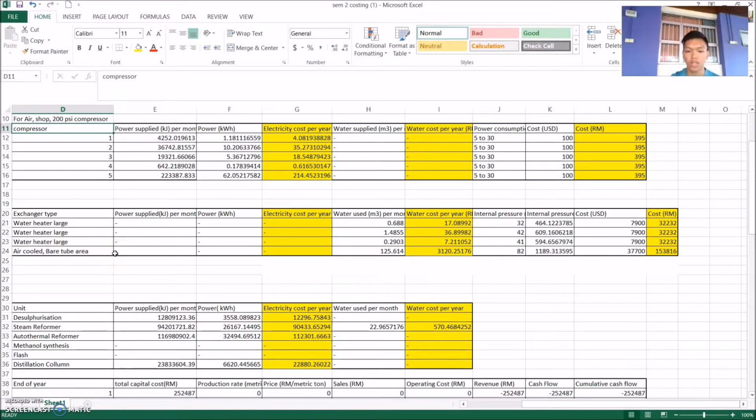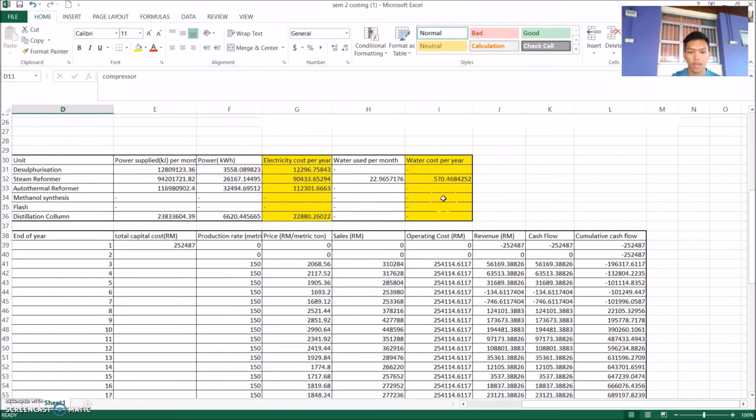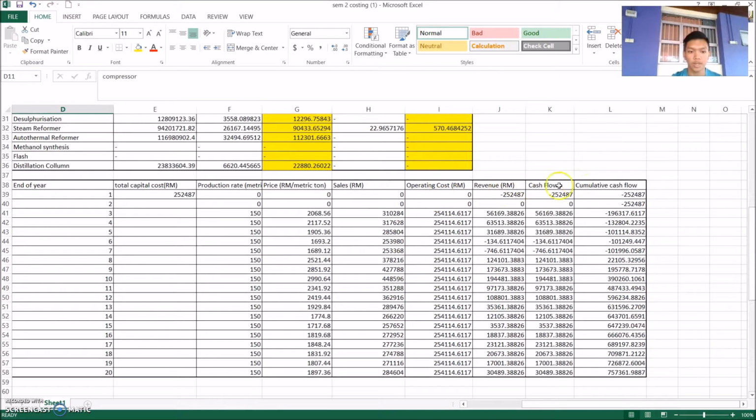And since all the heat exchangers use water, there is a water cost for each of them. And this is the cost of the unit itself, which is 3. All these 3 are for water heaters, which are large in size, and this is for the air-cooled bare tube area. And next we move to the costs involved for each of the units. We have 6 units, and this is the electricity cost for all 6 units, and this is the water cost for all 6 units. And now we move on to the cash flow.